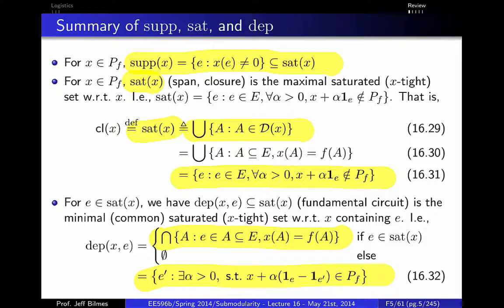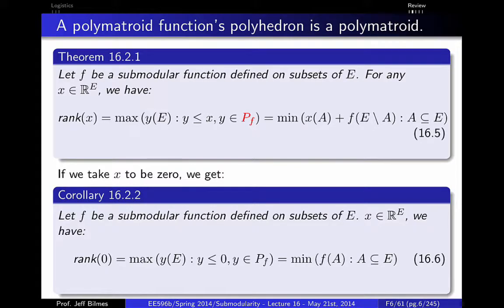And we saw that those things are the same. And remember that dep is a subset of sat, and for dep E, it really only makes sense to take E in sat. So we're really only considering E for which E is in sat. That's all we need, and it's sort of weirdly defined otherwise.